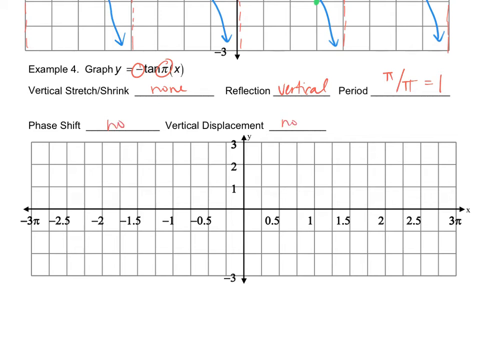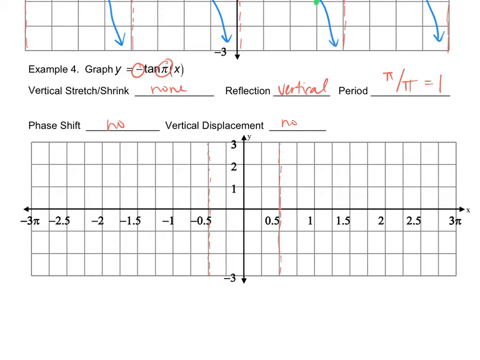So this is tangent, so my asymptotes are going to be centered around x equals 0. And in this case, my period is 1, so I'm going to go half of that to the right, so at 0.5, and I'm going to draw a vertical asymptote. And I'm going to go to the left of x equals 0, and I'm going to draw my asymptote.